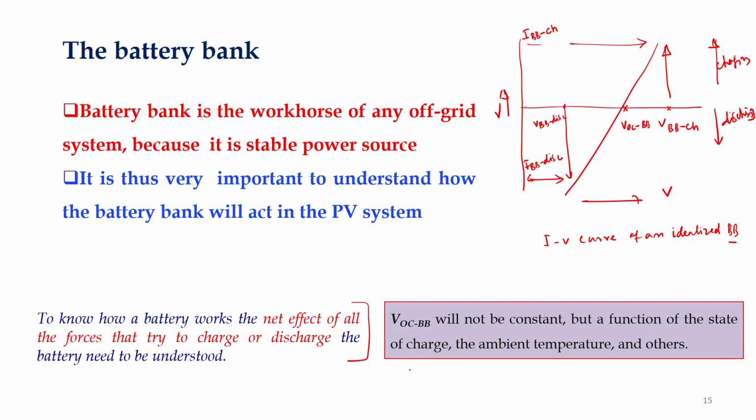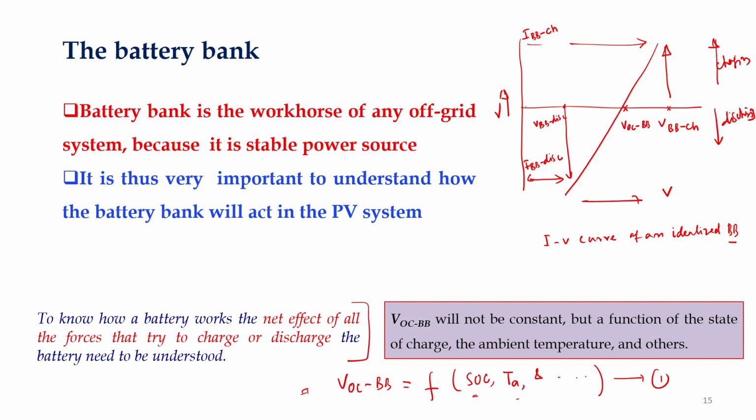So, mathematically we can write VOC BB is a function of SOC, then ambient temperature, I will represent TA, and other parameters. This may be equation number 1.